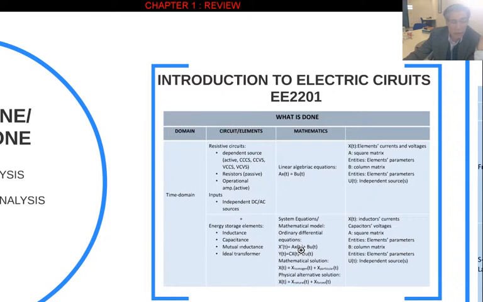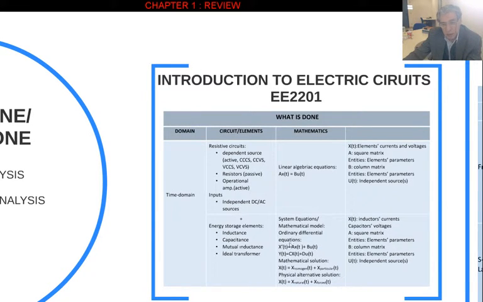The state variables are the inductor currents and capacitor voltages. We're going to find the state variables from these state equations, which are ordinary differential equations. Once we have found these state variables, we can calculate all the elements' currents and voltages, and both of those equations are called system equations.